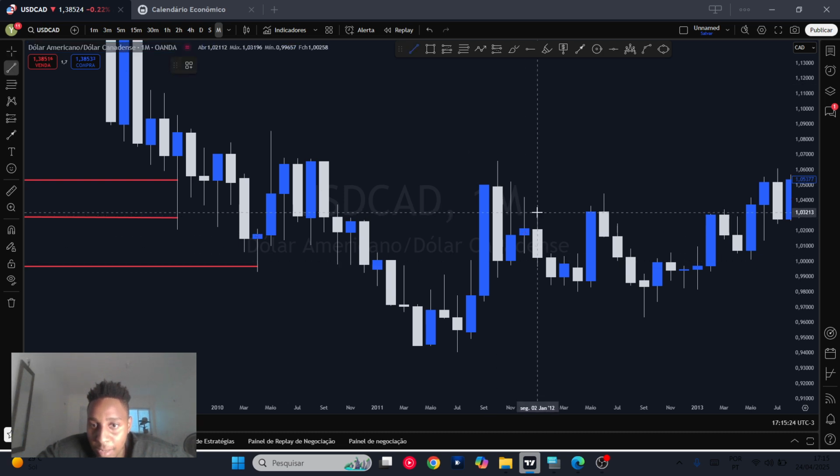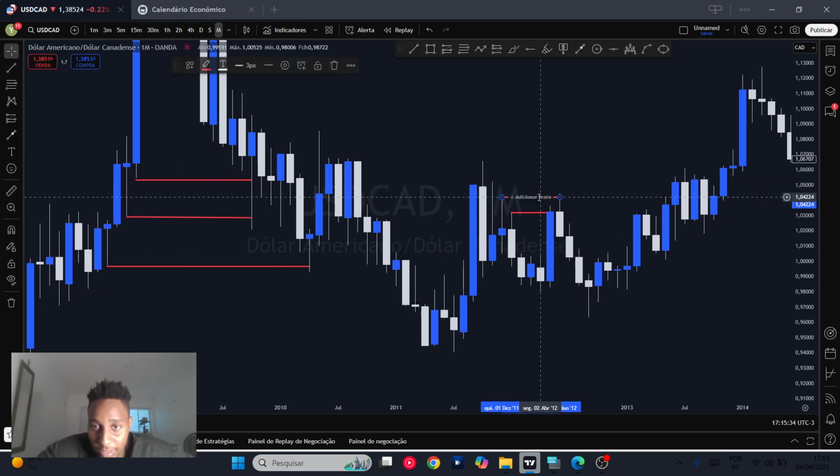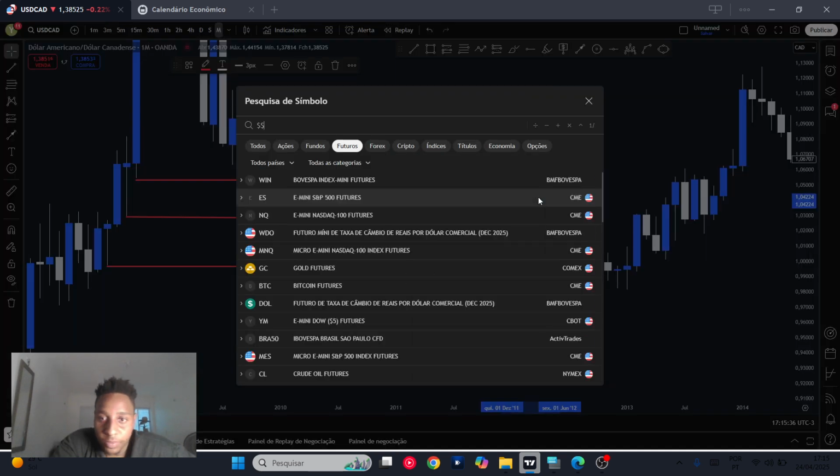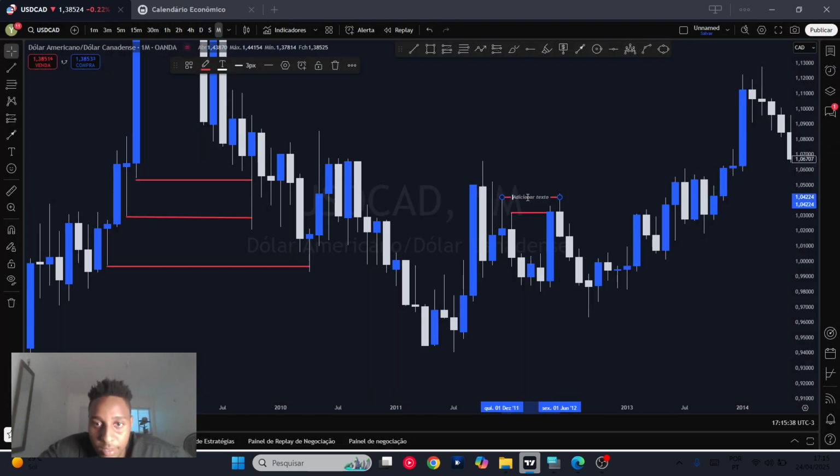Price closed above, right? And then price took this liquidity right here and then price dropped, right? This liquidity here, sorry guys, this liquidity here.